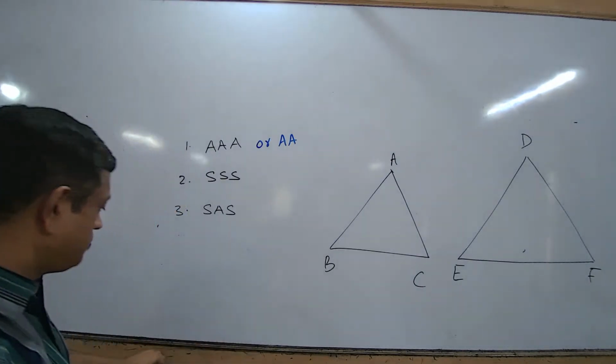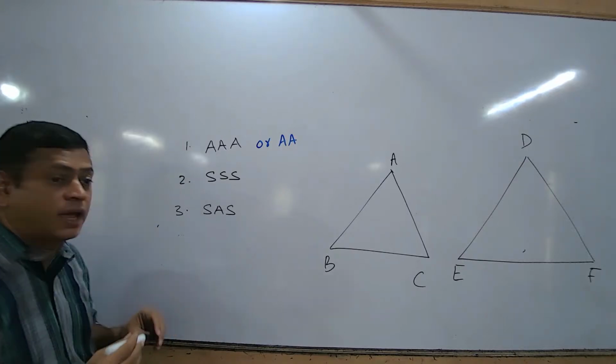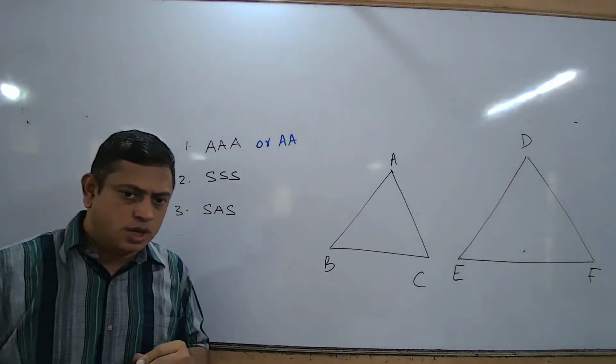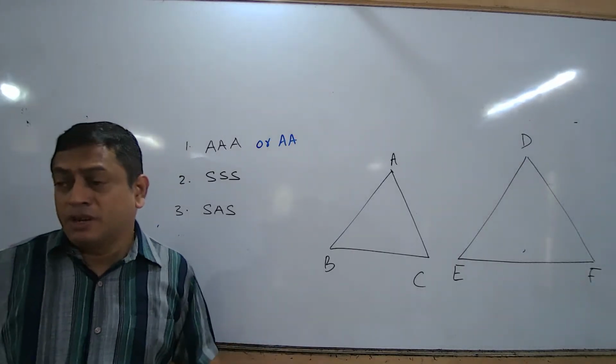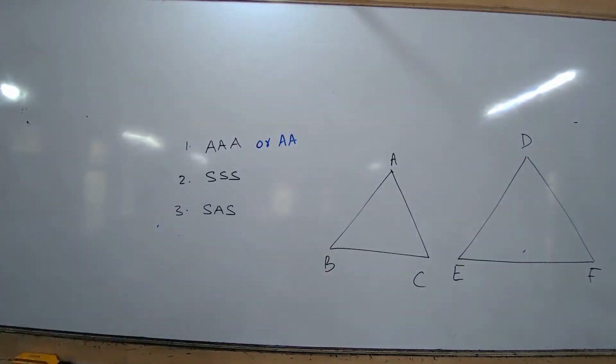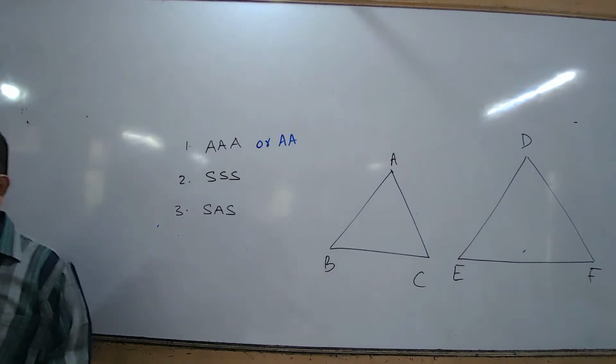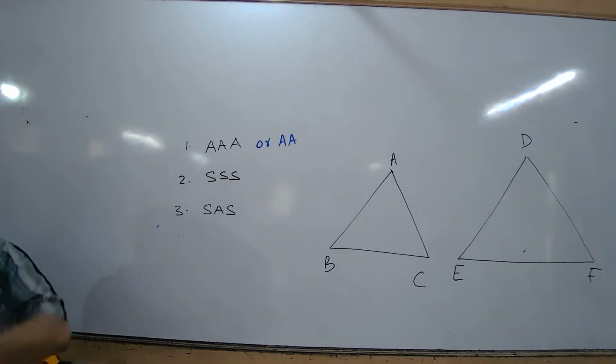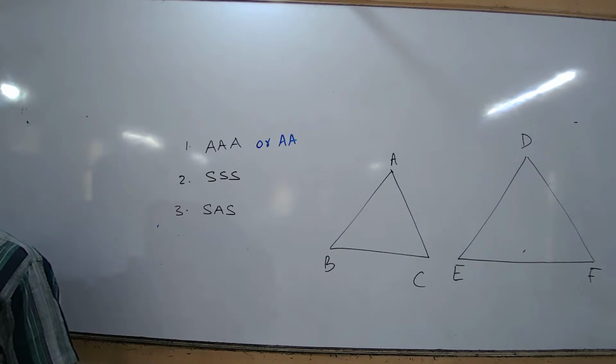Now I am going to ask one by one. I need to prove triangle ABC similar to triangle DEF. I will tell the criterion, then you have to tell what is required. Criterion means test of similarity. Now if I say AA, if she says the same thing, it should not be repeated. I need to prove triangle ABC similar to DEF by AA.